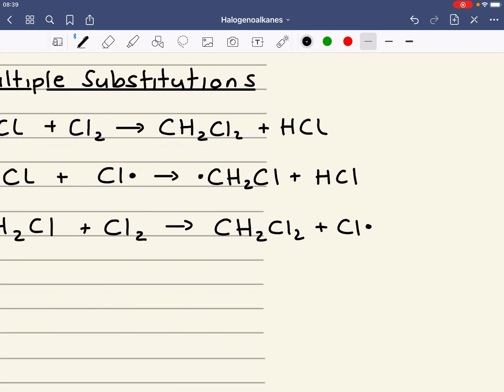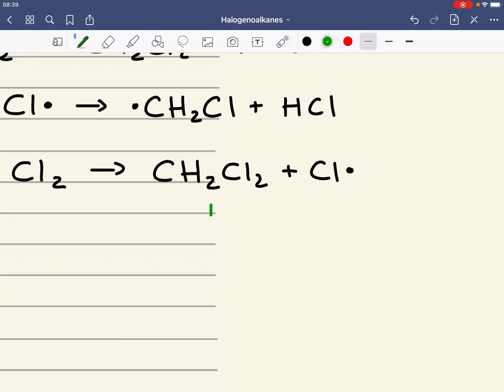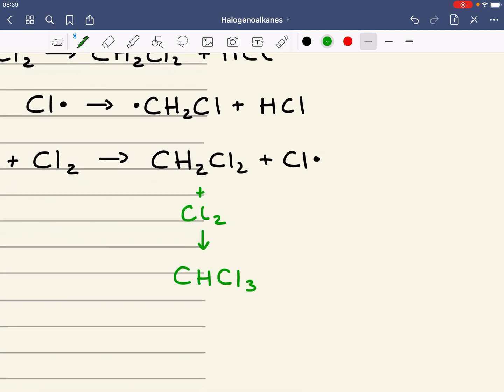Now this can keep going as long as the hydrogens pull off. This can react with chlorine, and that will potentially form CHCl3. CHCl3 has a hydrogen, and that could potentially also react with chlorine to give CCl4.